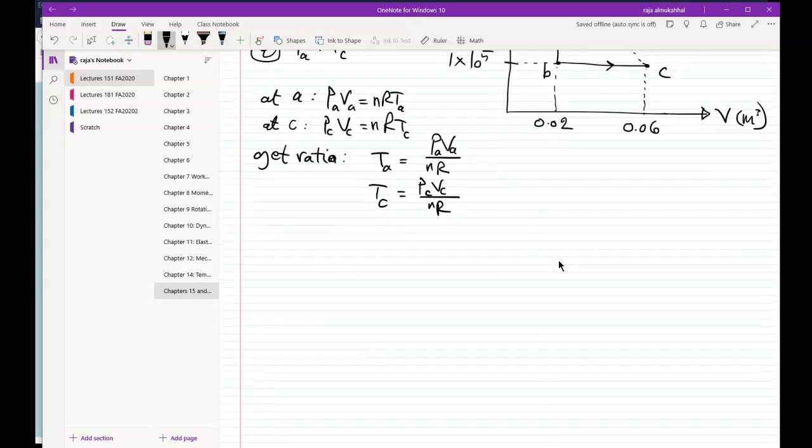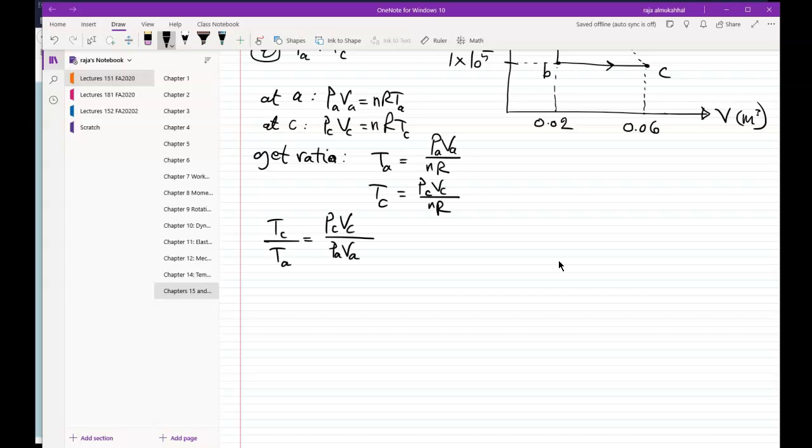So T sub C over T sub A, do the algebra, you're going to end up getting P sub C, V sub C over P sub A, V sub A. The NR will cancel out. Do the algebra and you'll see that.